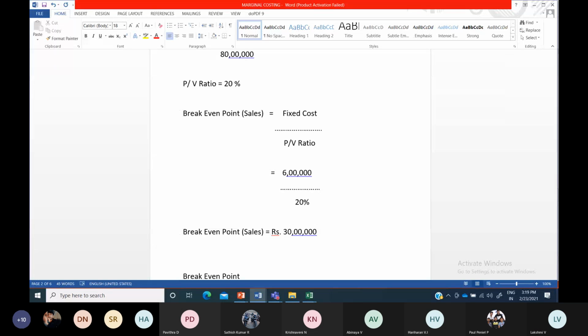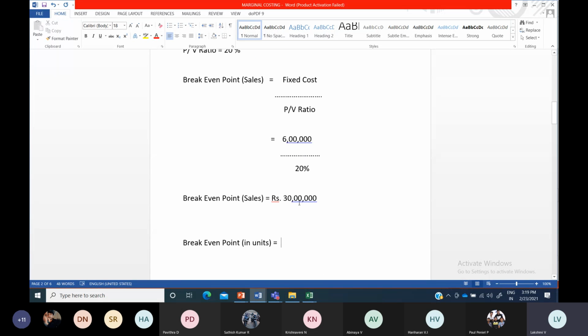Okay, now you have to calculate the break even point in units. Break even point in units. So what is the break even point in units formula? It's the same fixed cost as numerator, but in the denominator, instead of PV ratio, you have to take contribution per unit.